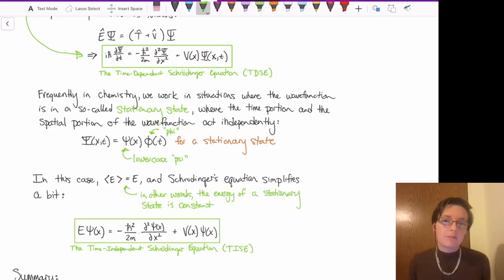So I'll try and help guide us on our homeworks a little bit where you should use which equation, but as a rule of thumb, if you're dealing with spectroscopy or external forces acting on a particle, you should use the time-dependent Schrodinger equation. And if I give you a homework problem where I give you capital Psi, which depends on both x and t, you should use the time-dependent Schrodinger equation. Otherwise, and what we're going to do for the majority of this course, is use the time-independent Schrodinger equation.